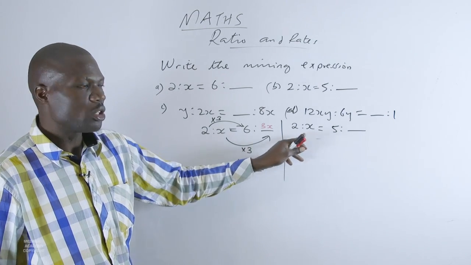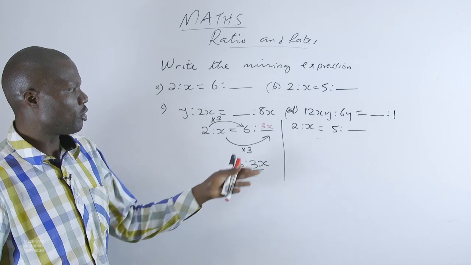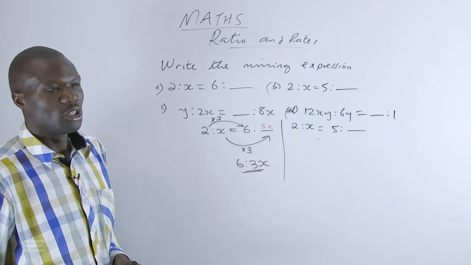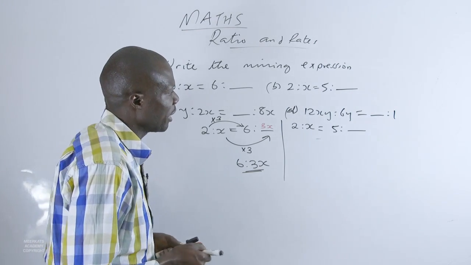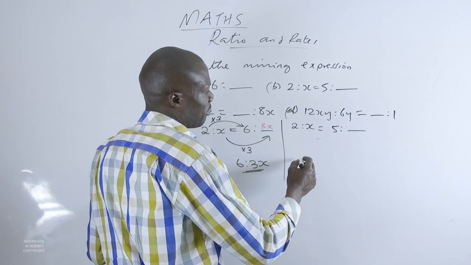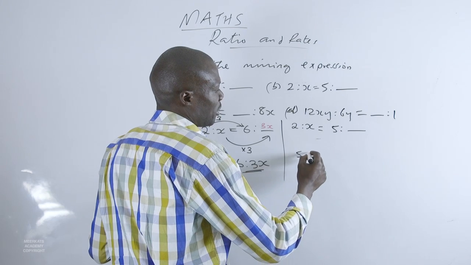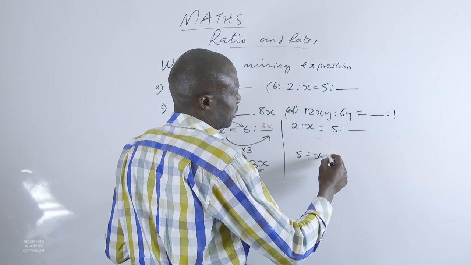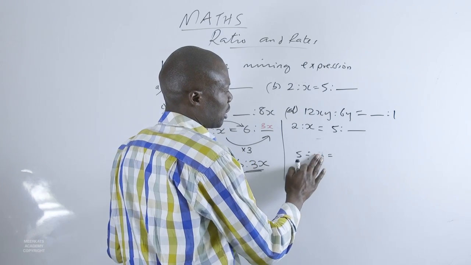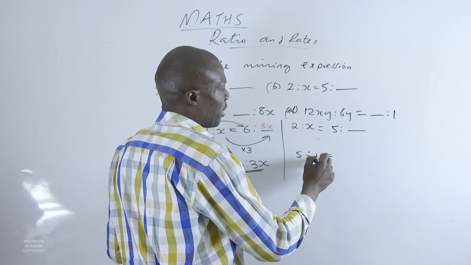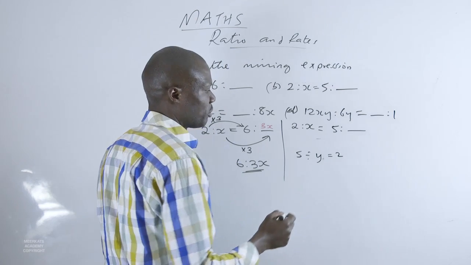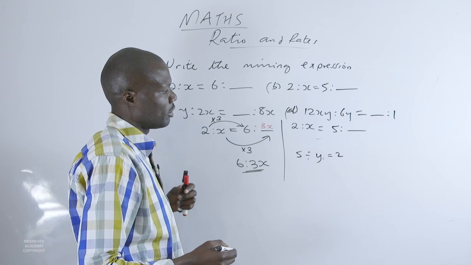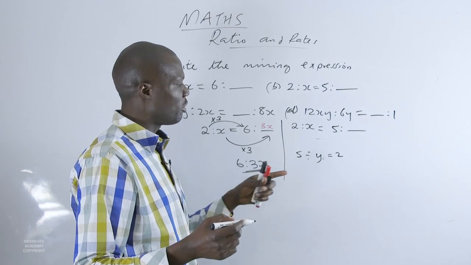So if we want to get this, we are looking for a number because 2 is smaller. So it's like saying 5 divided by x will give us what? Let me use another number. By y, it should give us 2. We want to find the value of this y.